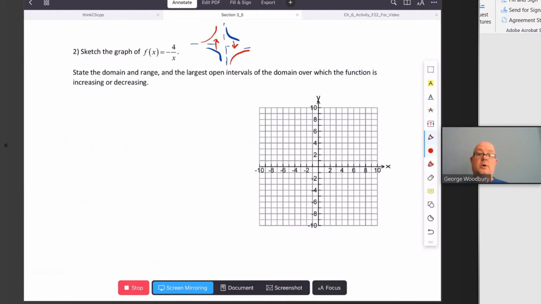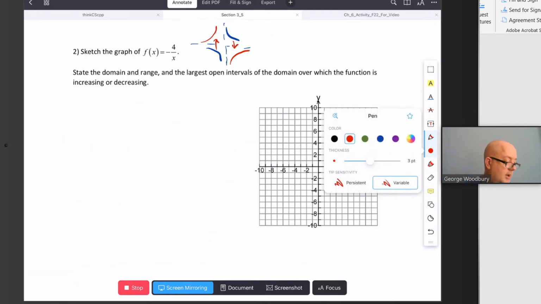The 4, we'll see, will stretch the curve out. So when we plug in 1 for x, we're actually going to get negative 4 instead of positive 1. And when we plug in, say, 4, negative 4 divided by 4 is negative 1. So we can find some points that it goes through pretty easily.